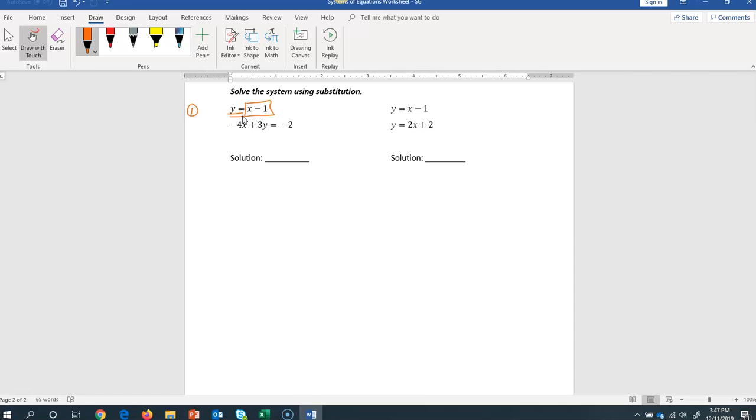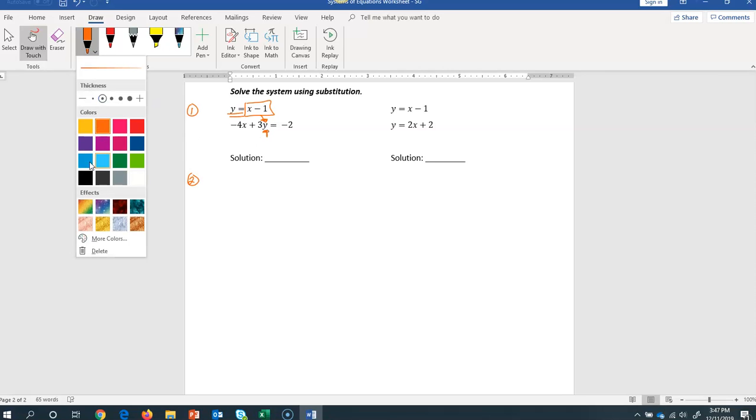That's step number 1. Now step number 2 then, I'm going to take that expression and substitute it into the second equation for y. So right there is my y. And so I'm going to take this whole expression and put it in the place of y.